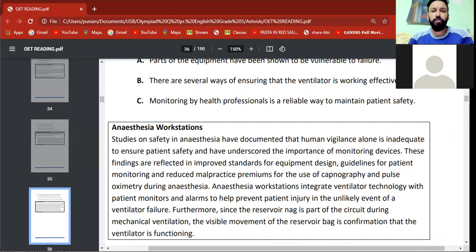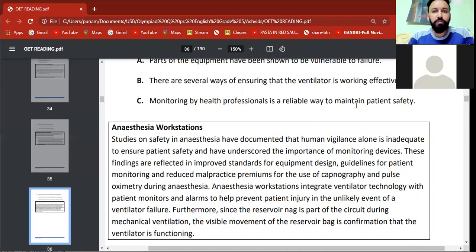Human vigilance alone is inadequate. So we're talking about monitoring, right? It says monitoring by health professionals is a reliable way. Is it a contradiction?